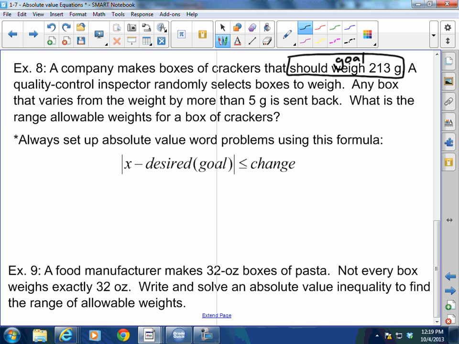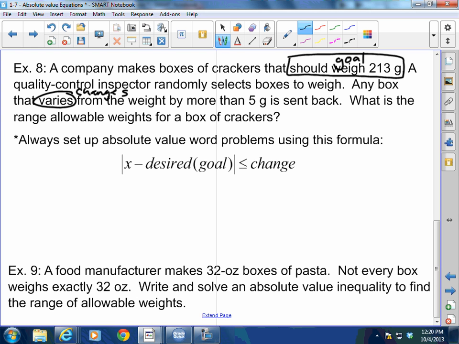Any box that varies, meaning changes, from the weight by more than 5 grams is sent back. So if it's over 5 grams too heavy, they send it back. If it's 5 grams less than what it should be, they send it back. What is the range of allowable weights for a box of crackers?